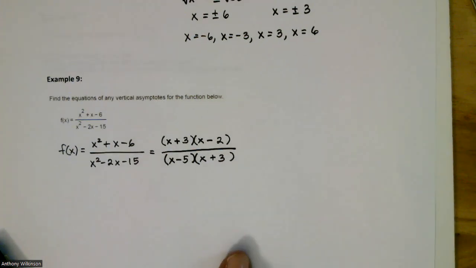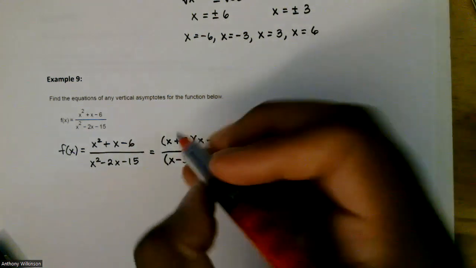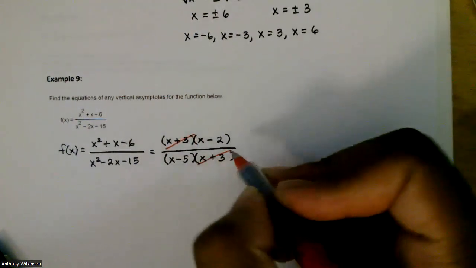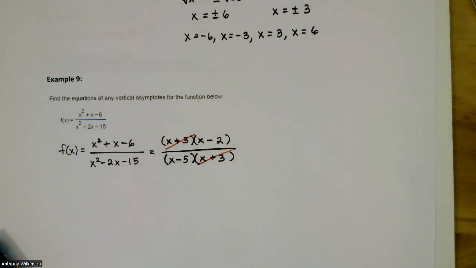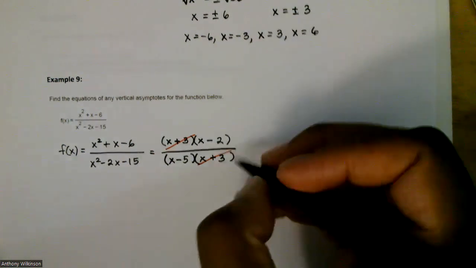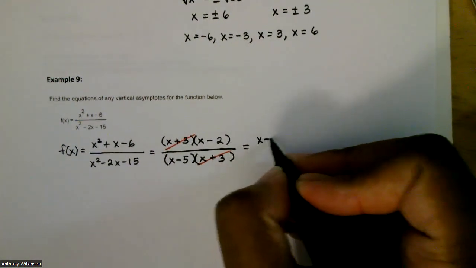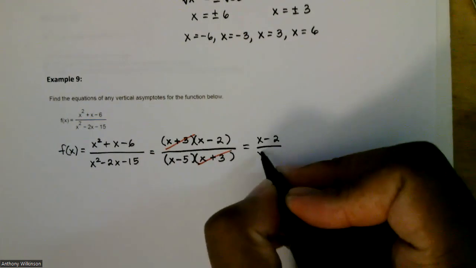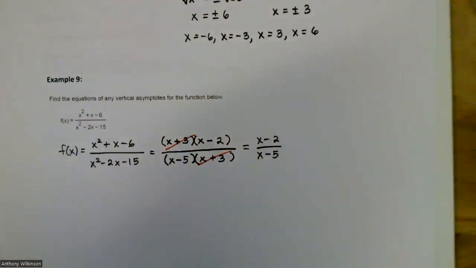Now notice we do have common factors in the numerator and the denominator. So that means we need to divide out these common factors, x plus 3. And if we simplify it, it would be x minus 2 divided by x minus 5.